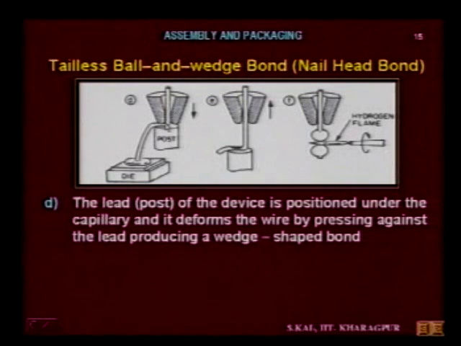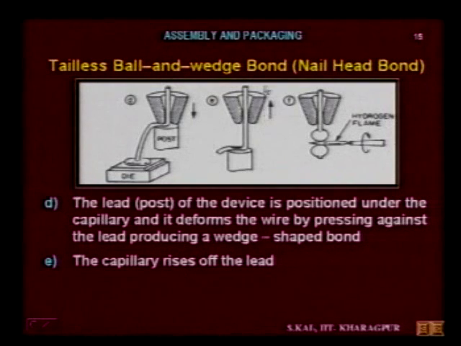Now it deforms the wire by pressing against the lead, producing a wedge shaped bond. So here it deformed, you see, the capillary gives pressure on the wire. So there it deformed the wire like this. Here is the deformation. It deformed the wire by pressing against the lead, producing a wedge shaped bond.